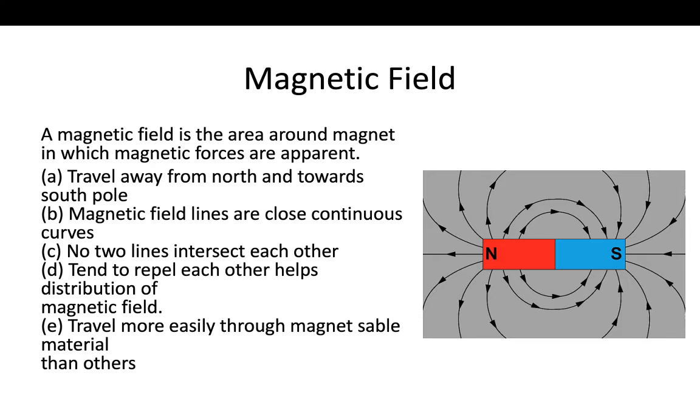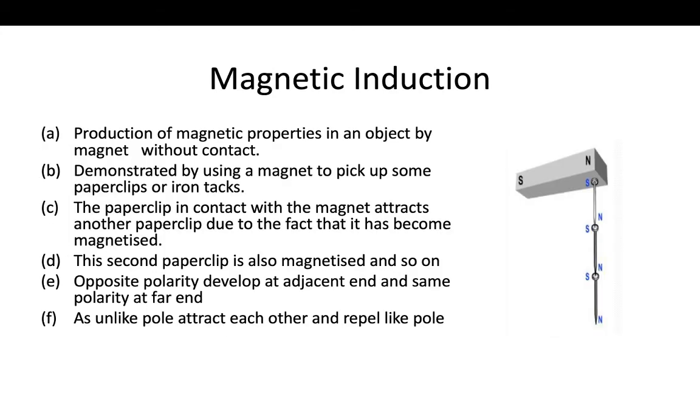They travel more easily through magnetically susceptible materials than others. So all the rules we studied for the magnetic field were also the same in the electric field. The only difference was north pole and south pole, where in the electric field we use positive and negative. So what is magnetic induction?